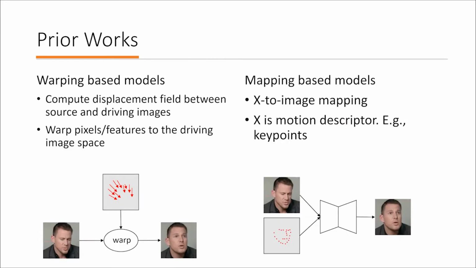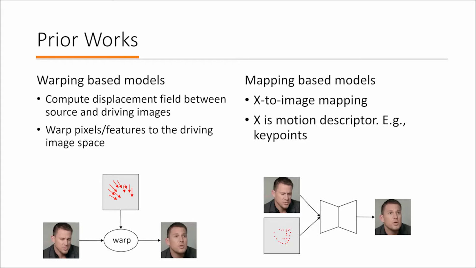There are basically two classes of methods for this task. One is warping-based and the other is mapping-based. The central idea of the warping-based model is the estimation of a displacement field between the source image and the driving image, and then warp the source pixels or features to the driving image space.